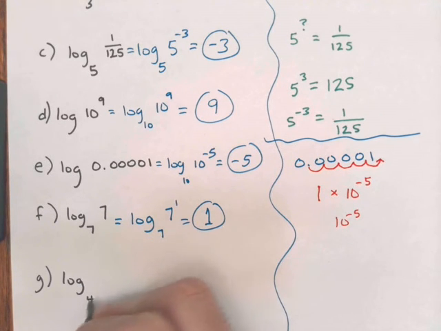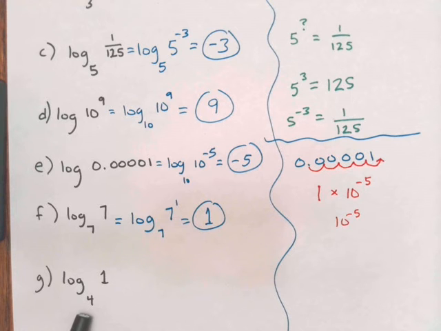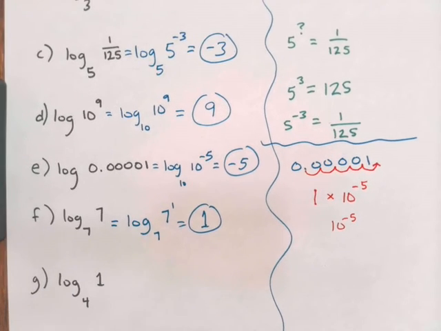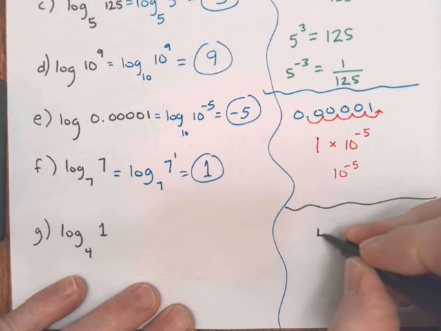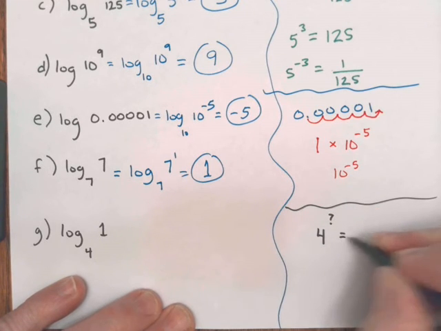Log base 4 of 1. The base of the log is 4. And what I want to have here in place of that 1 is 4 raised to a power. So the question becomes 4 to what power is equal to 1?